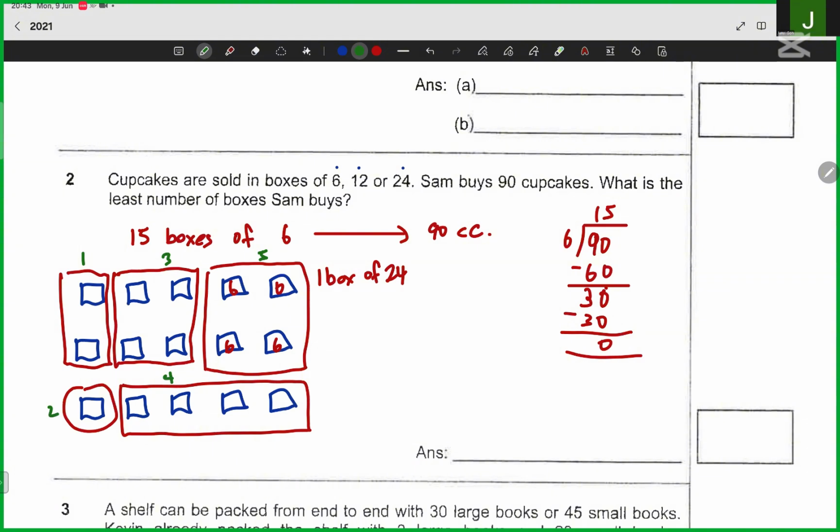Now let's try to see whether we can make this a little bit more efficient. At best, now we use 5 boxes. Let's see whether we can do it in 4 boxes or not. Can we? Let's try.